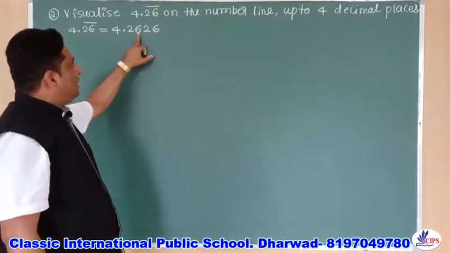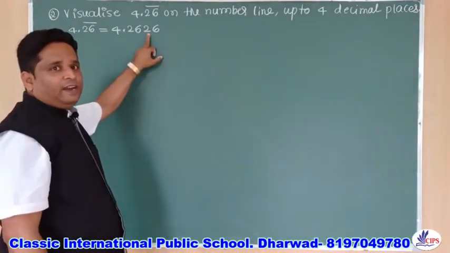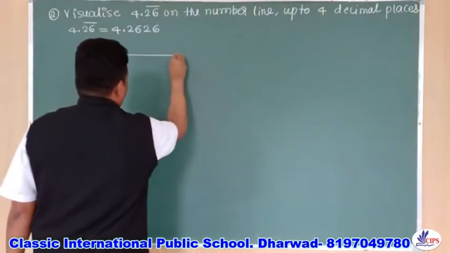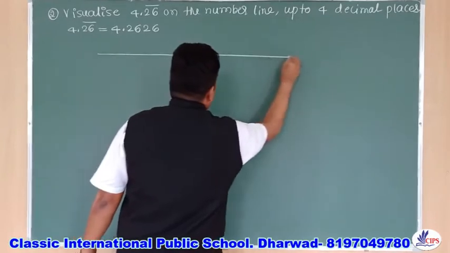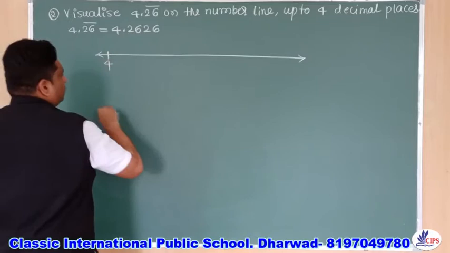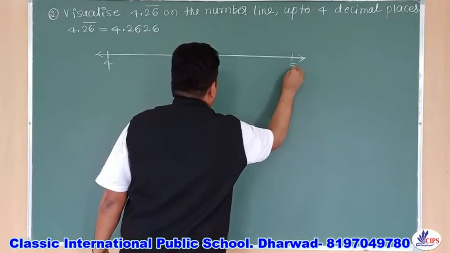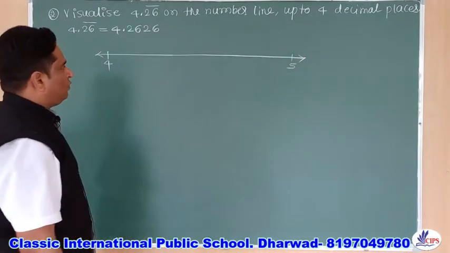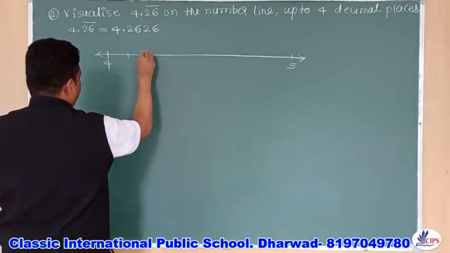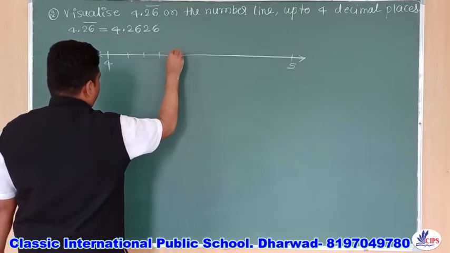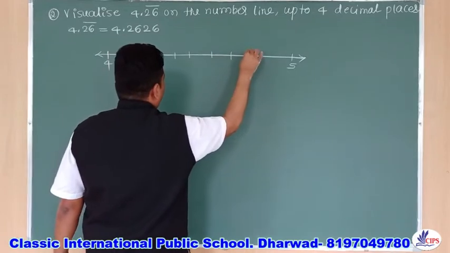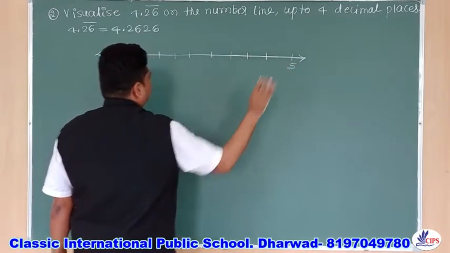4.2626, it is the number between 4 and 5. Yes or no? I'll take the first number line. I'll take 4 here and 5 here. I'll divide this into 10 parts. 1, 2, 3, 4, 5, 6, 7, 8, 9, 10.